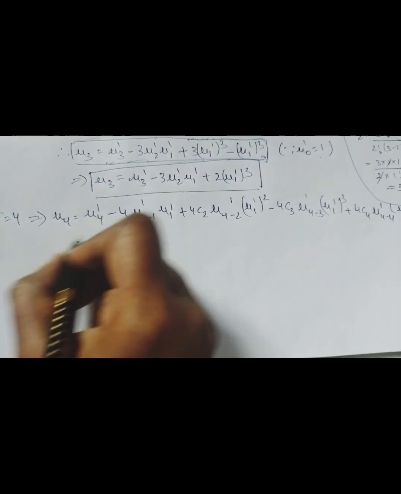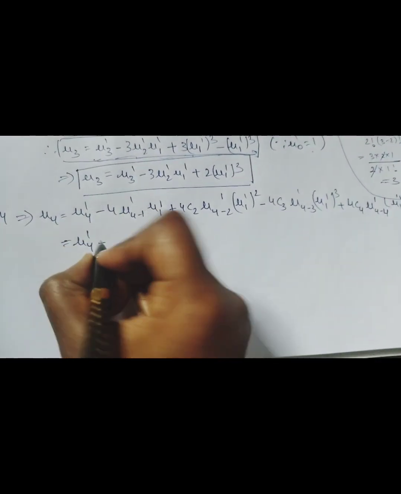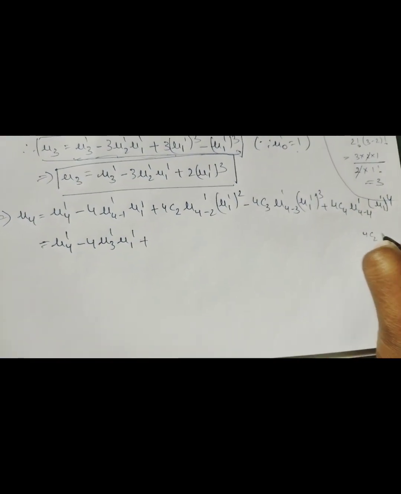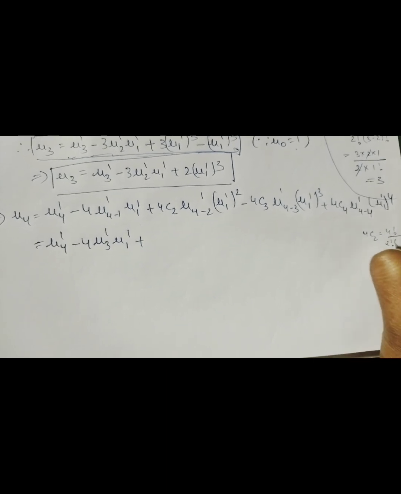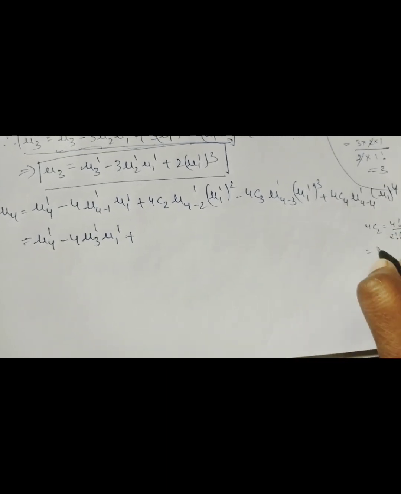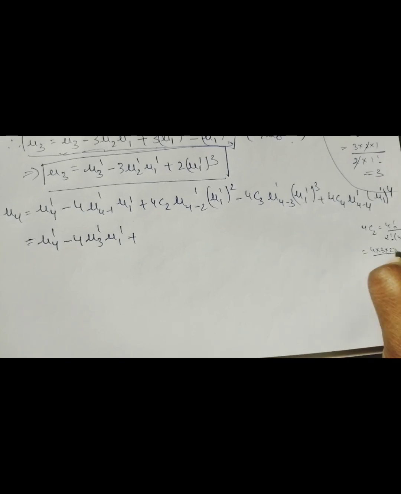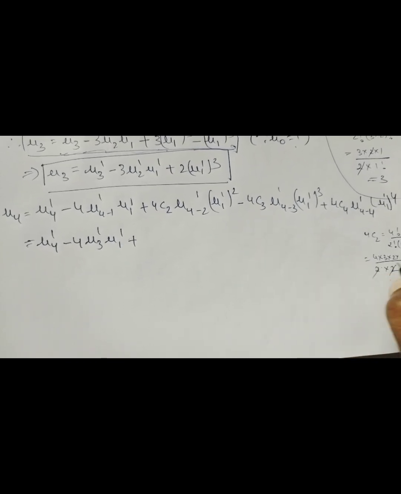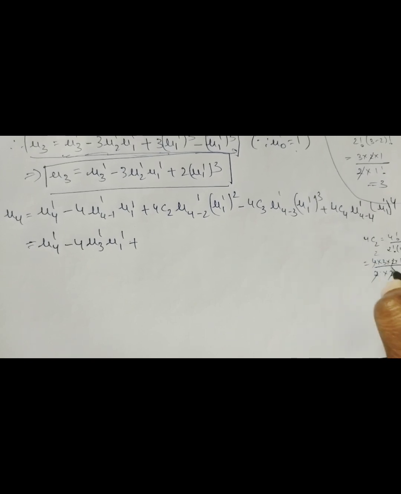Now μ4' minus 4μ3'μ1' plus 4C2. 4C2 becomes what we will see here. 4C2 equal to 4 factorial by 2 factorial into (4 minus 2) factorial. So 4 factorial is 4 into 3 into 2 into 1, divided by 2 into (4 minus 2) factorial, which is 2. 2 gets cancelled with 2, so 2 into 3 is 6.